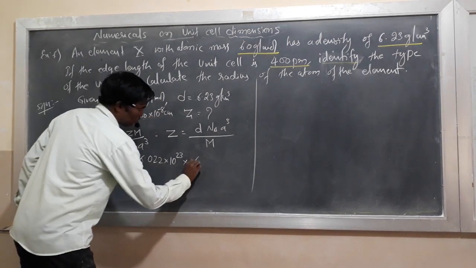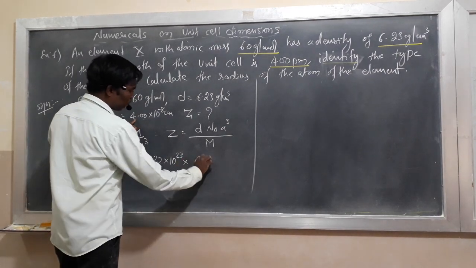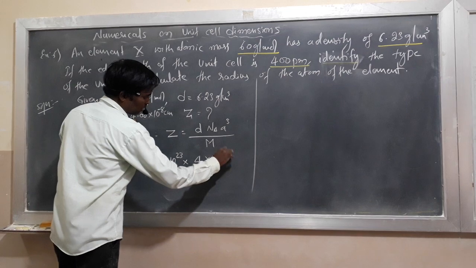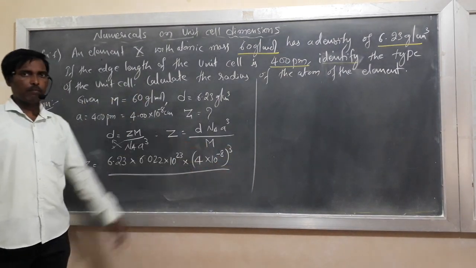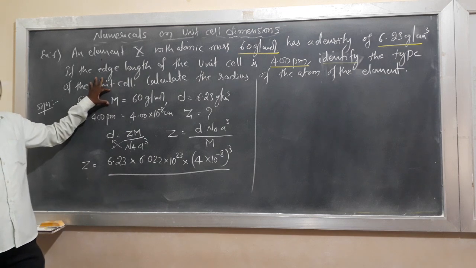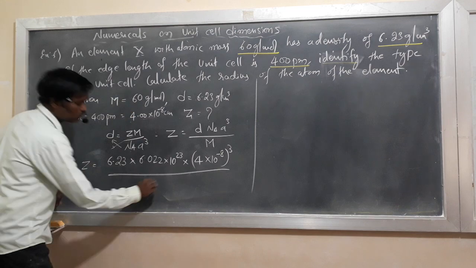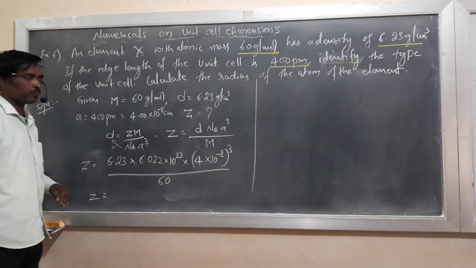Now, instead of 4.00, simply I am writing 4 into 10 raised to minus 8, whole cube, divided by capital M. Capital M is the atomic mass of element X, which is given as 60.